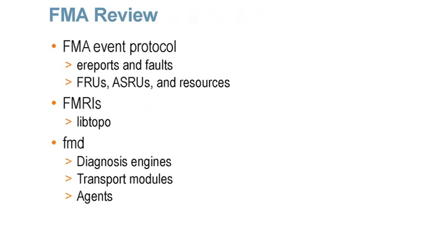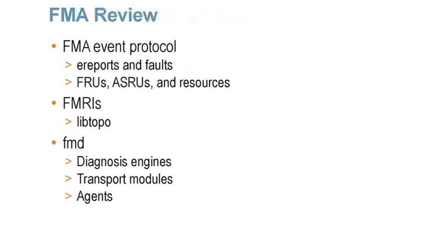And then the software diagnosis lives up in FMD, and there's basically 3 different pieces of it. There are the diagnosis engines, which consume the e-reports and create faults associated with them. There are transport modules, which take telemetry from other sources and pull them into the FMA world.